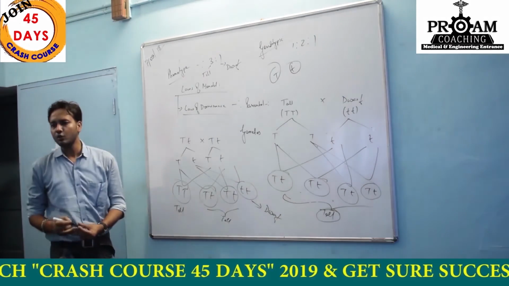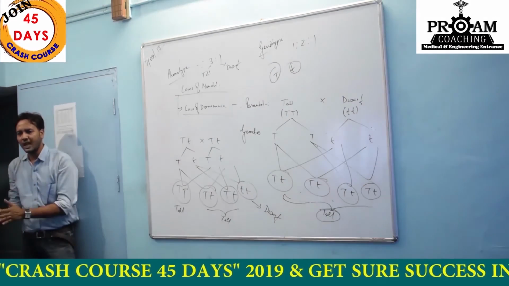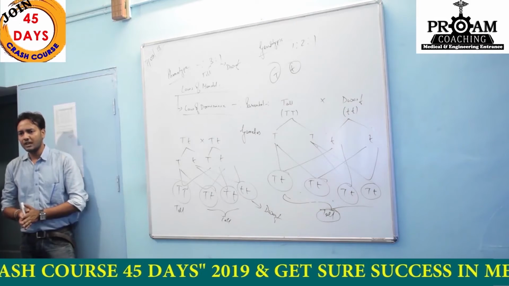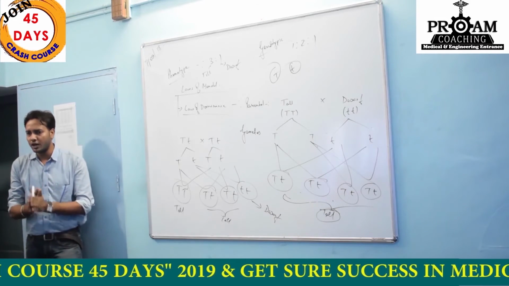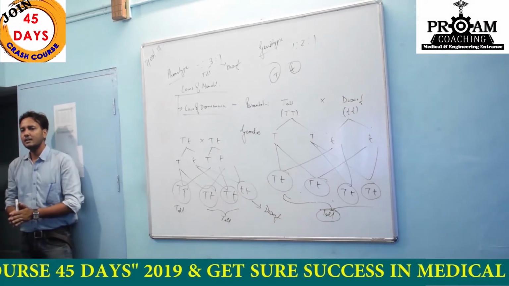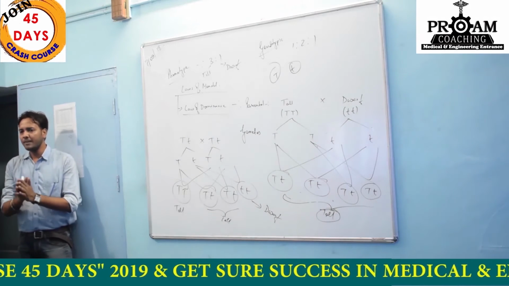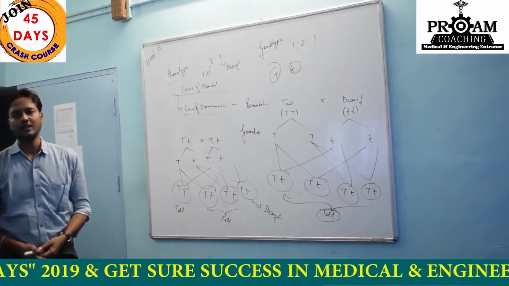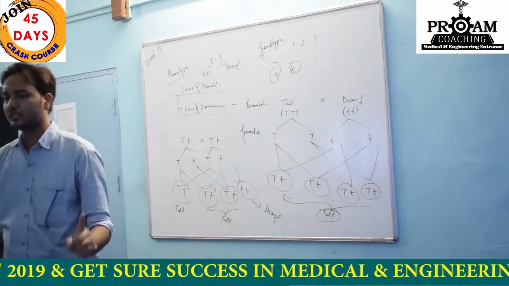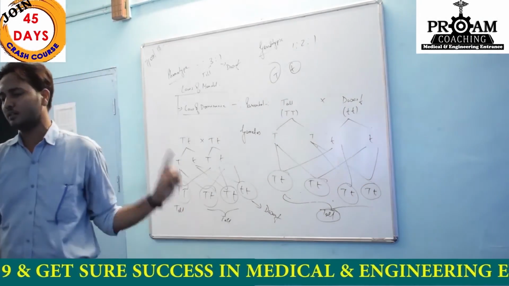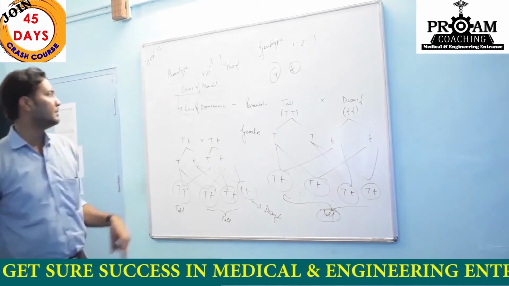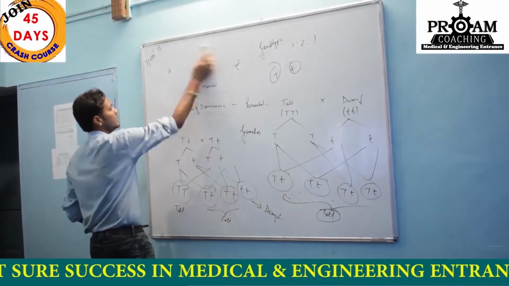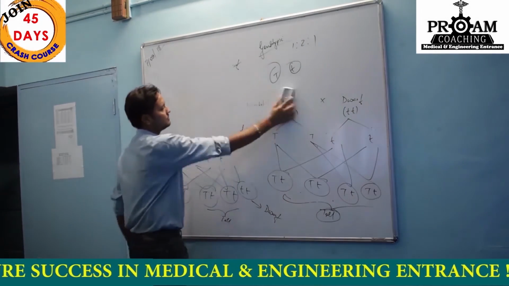So we are getting two ratios. One is for phenotype, another is for genotype. The phenotypic ratio for the law of dominance is 3:1, and the genotypic ratio is 1:2:1. And these are the questions which are frequently asked in the entrance examination. Kindly remember this part.